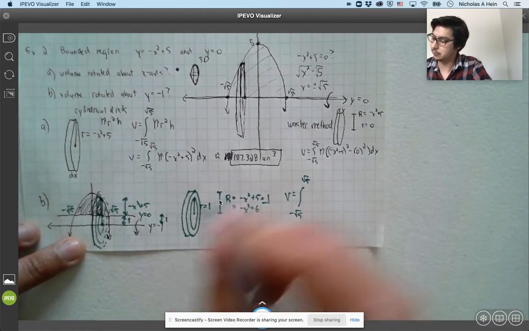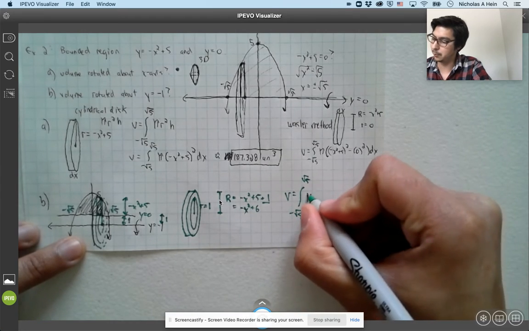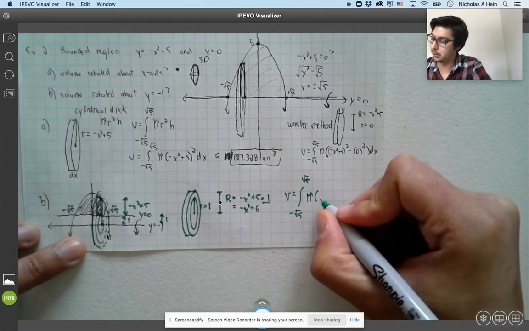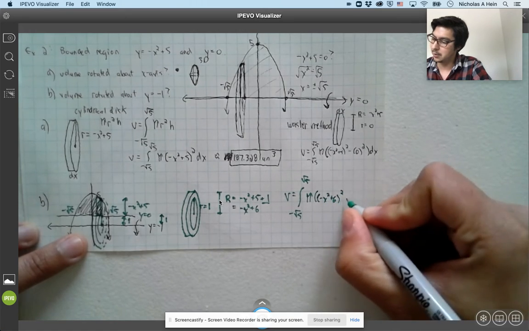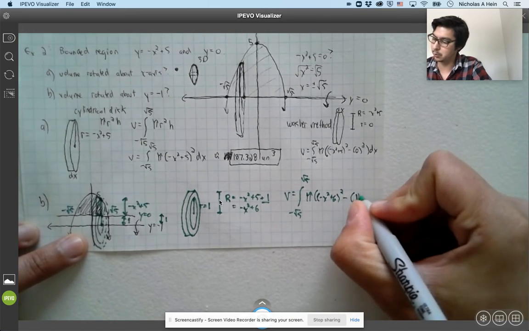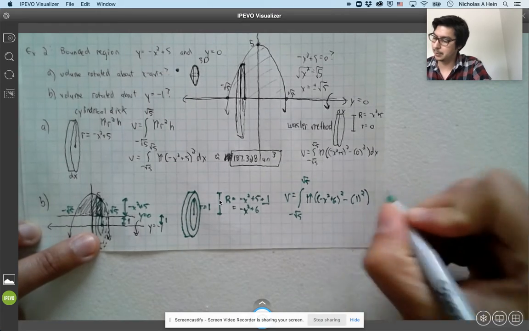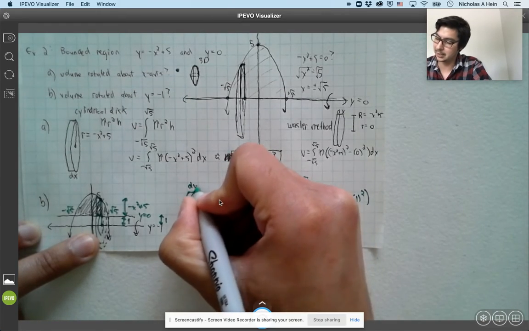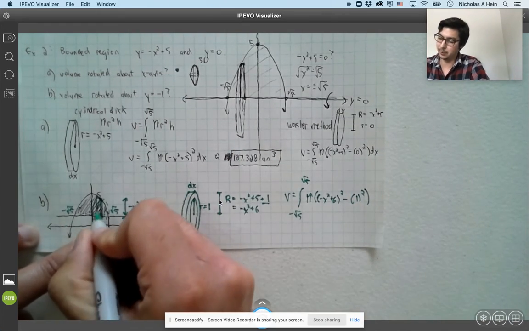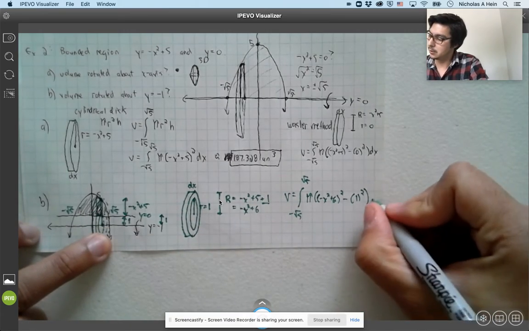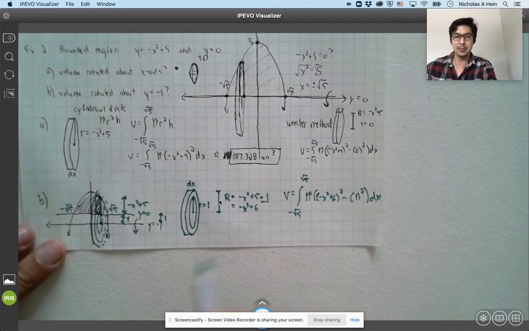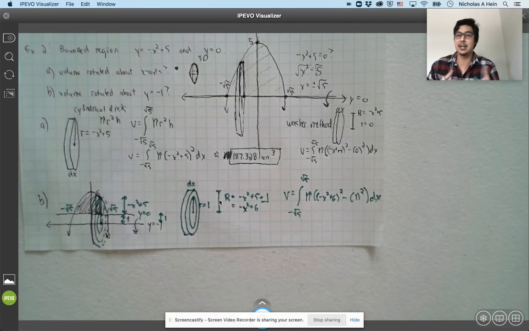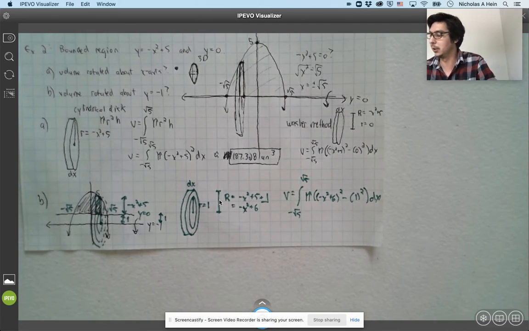And since it's a washer, it's going to follow pi times your outer radius squared, which we got was negative x squared plus 6, minus your inner radius squared, which was just 1 here, times the thickness of all these, and I forgot to label, and that's going to be dx, as we're filling the space up in that curve. And there it is. So notice that sometimes with the washer, if it's not the x or y axis, we have to account for the radius changing a little bit.